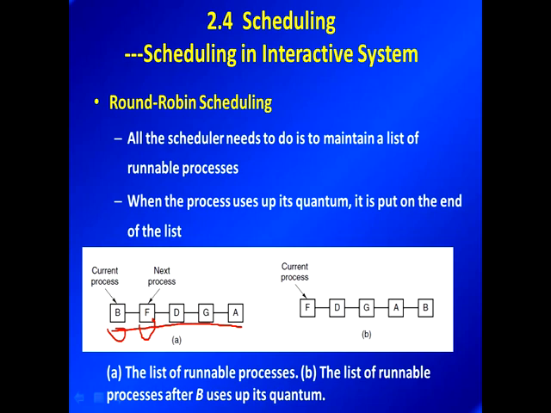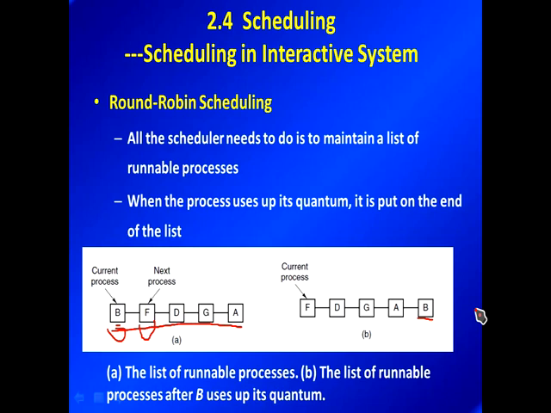After F leaves the CPU, D will be the next one to get into the CPU, and then G, and then A, and again B can get the CPU back. So everyone takes turns to use the CPU for the same quantum. After B gets out of the CPU, it will be put at the end of the queue, and then FDGAB, FDGAB cycle. Okay, so this is the basic idea of the round-robin scheduling.